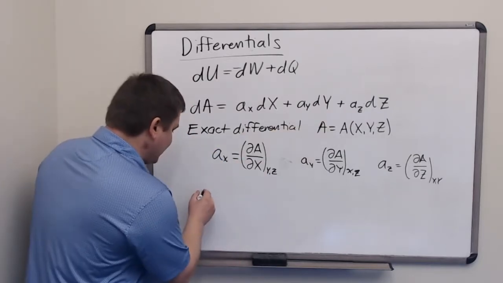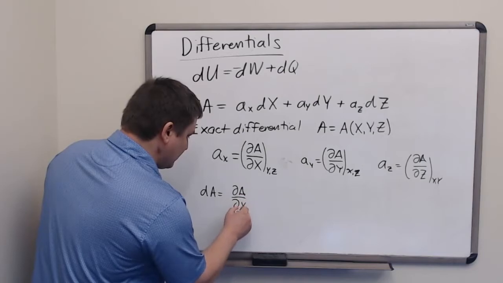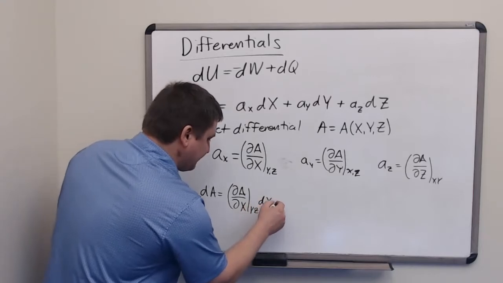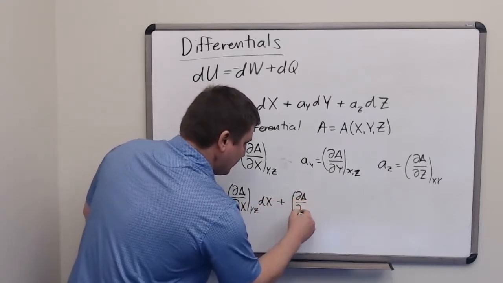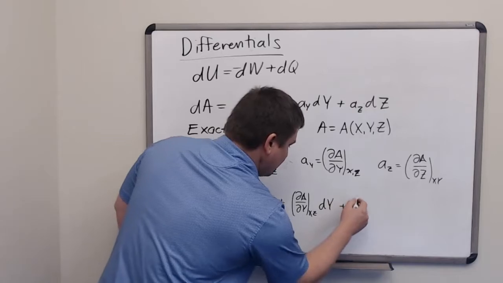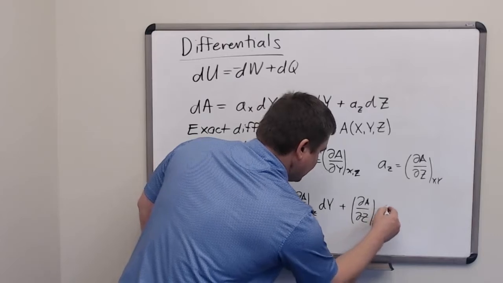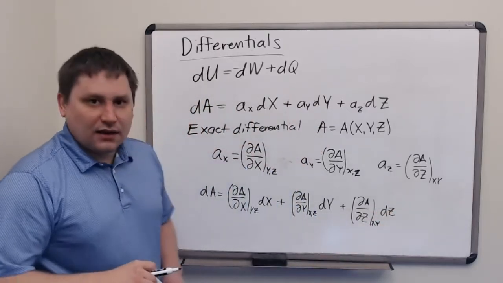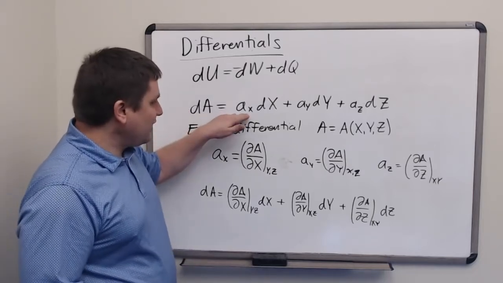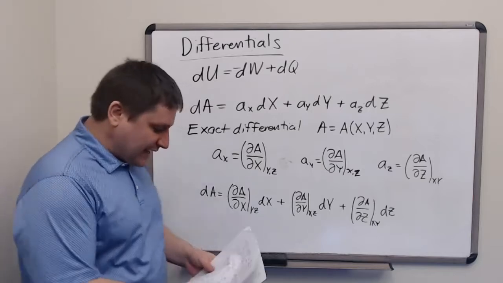So that means that if a differential is exact, we can express it as dA equals partial of A with respect to x dx plus partial of A with respect to y dy plus partial of A with respect to z dz. Now, we're not guaranteed when we write a differential out like this with arbitrary small a's that a function like this actually exists. Let's look at two examples.